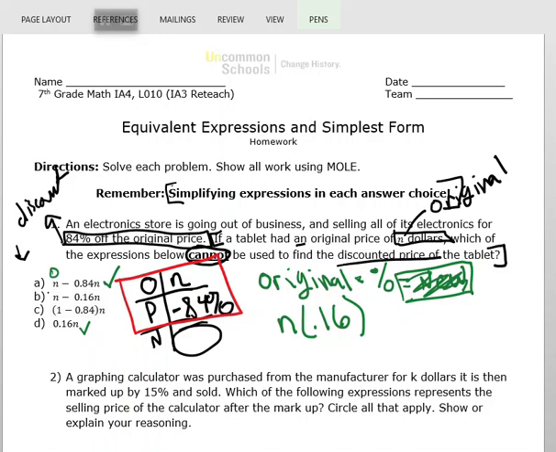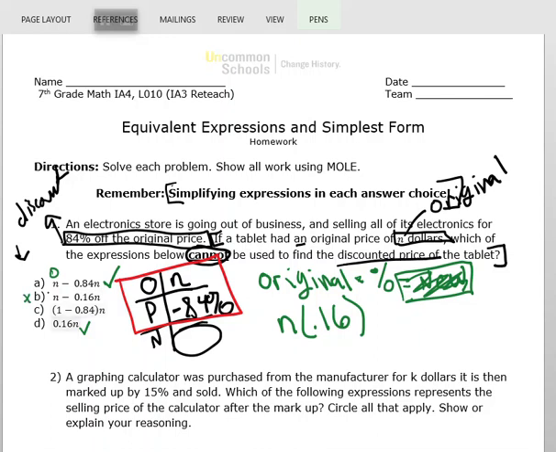My next one here, I have N minus 0.16N. So if I have the original minus the 16%, which is what you'll be paying, I'm actually not going to get my discounted price. I'm going to get 84% of the original. So this one I know is not going to work. And let me just check C just in case.